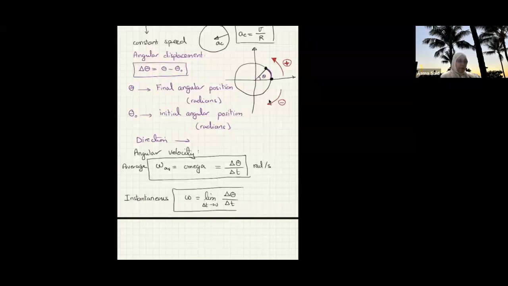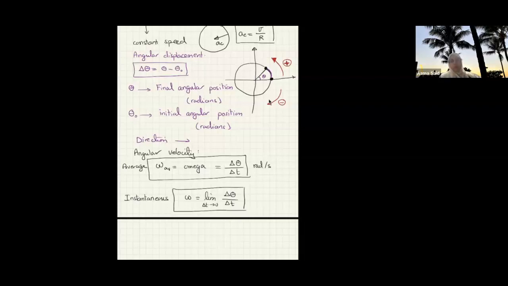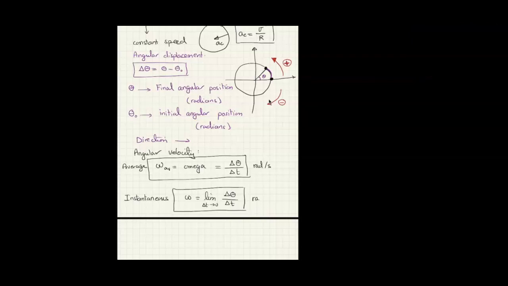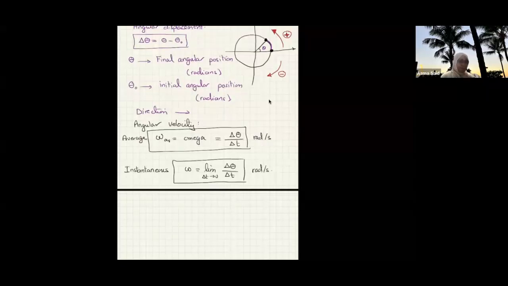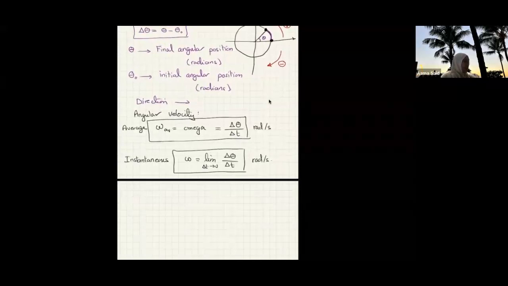And for us, we don't have calculus here, so I will say we are going to take the tangent at any point. Any questions so far? No? Okay.